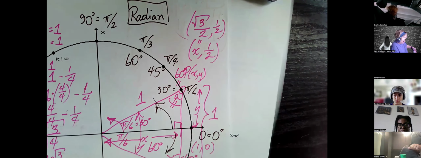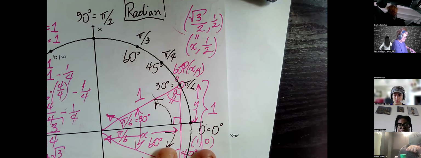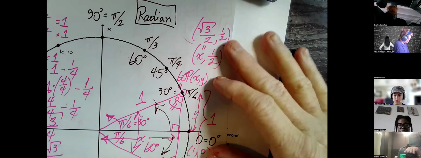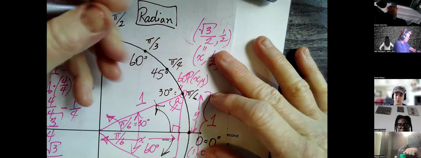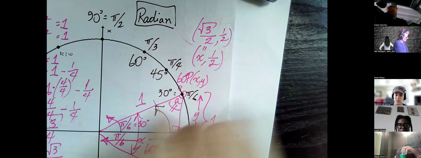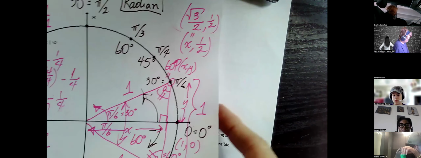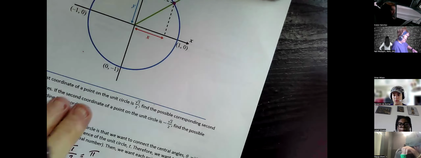And I have a prettier version of this coming. We've got 2 more, but we really only have 1 more, and I'll show you why. I want to get a clean copy. There we go.